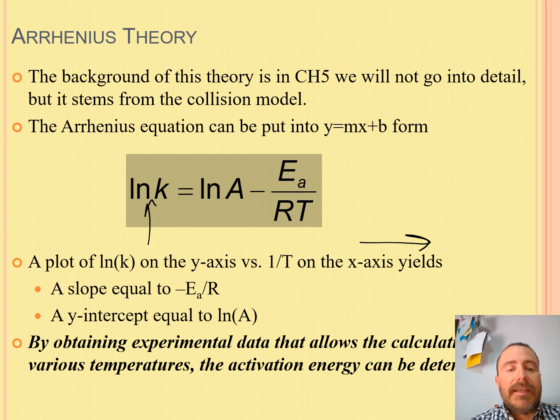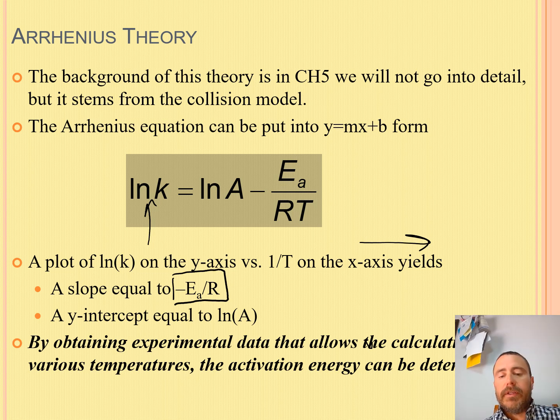And we can find then that the slope of our line is equal to negative Ea over our R value. This is probably the only thing on here that might pop up on any homework problems: there's a relationship between our activation energy and R and the slope of this line.